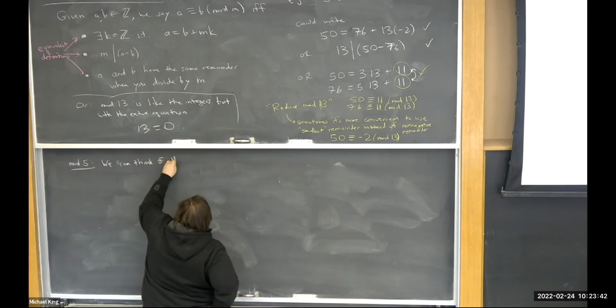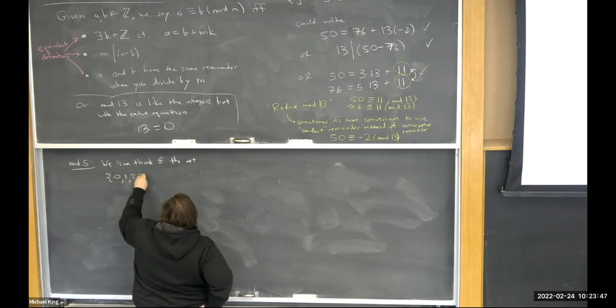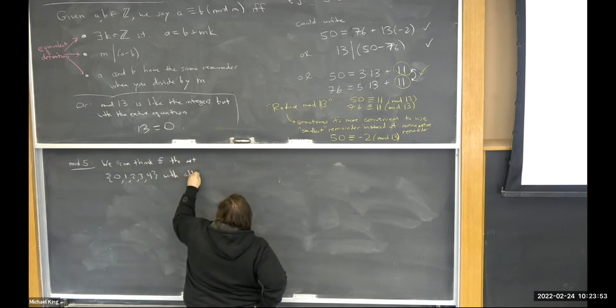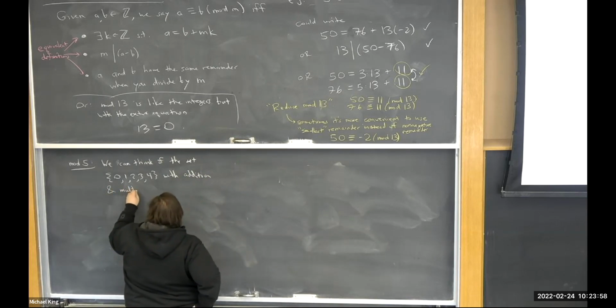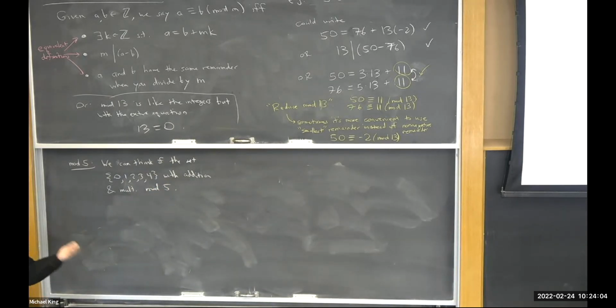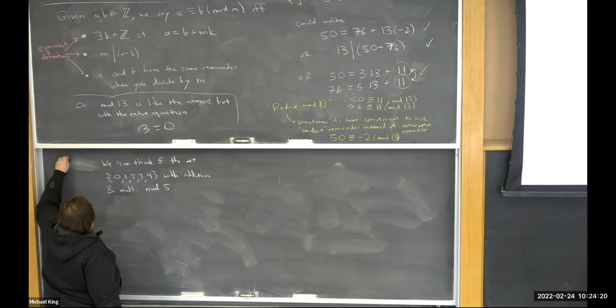We can think of the set 0, 1, 2, 3, 4 with addition and multiplication mod 5. So now this set is closed under those if you're always reducing mod 5. So you can actually think of this as a completely different number system, a new number system.